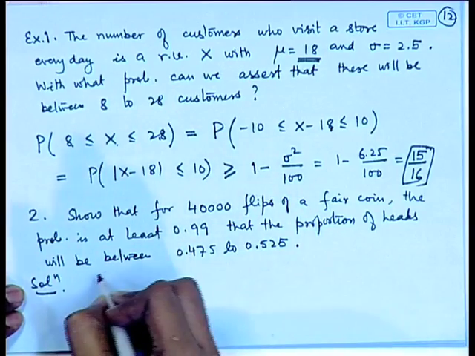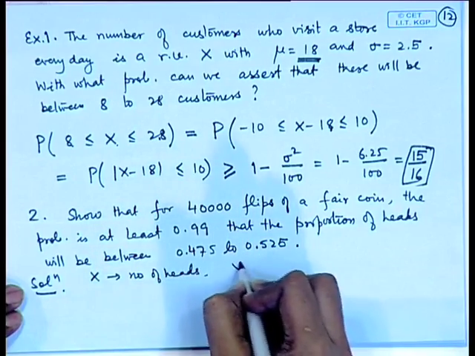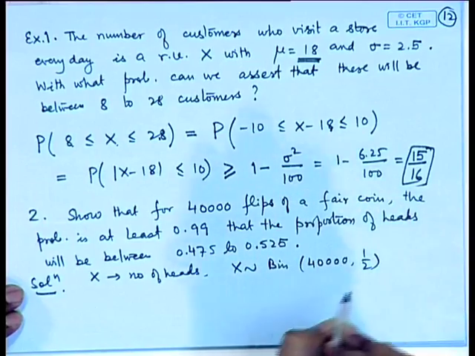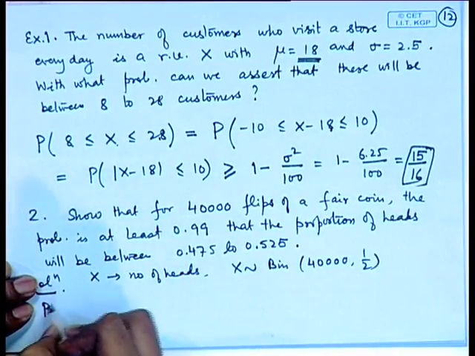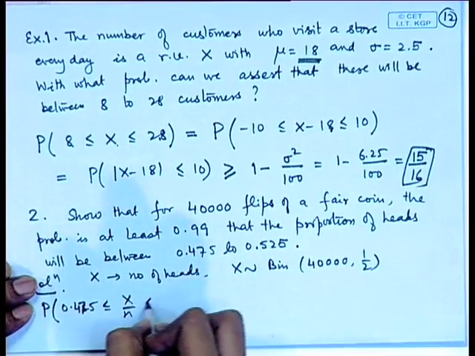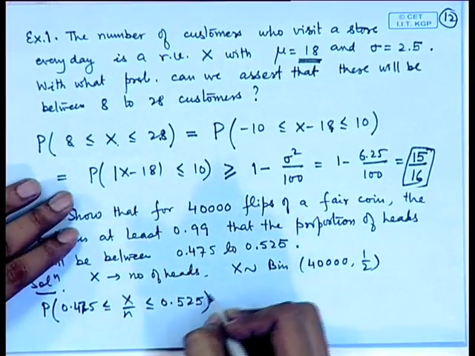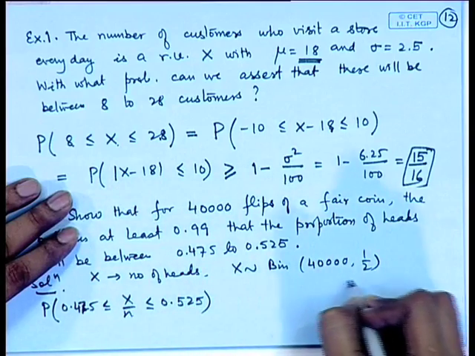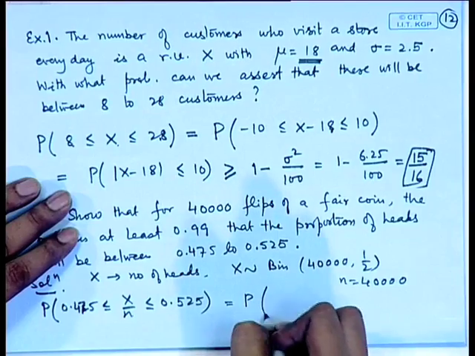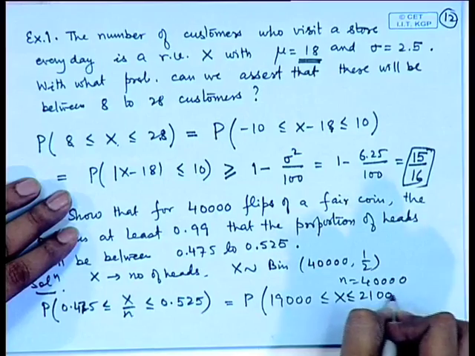Here, if we consider x to be the number of heads, then x follows binomial 40,000 and half. We are interested in probability of x by n lying between 0.475 to 0.525. Now, n is here 40,000, so this is equal to probability that x lies between 19,000 to 21,000.